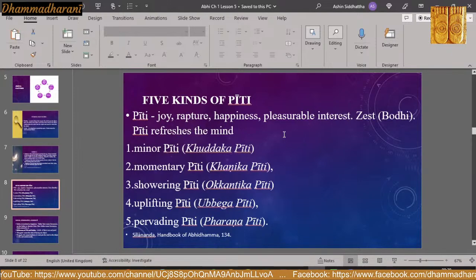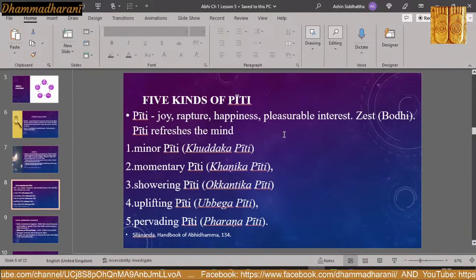Then, when you are doing wholesome actions, happiness arises again and again, time to time. That we call khanika piti. Khanika means moment, not one moment, moment to moment. It's like lightning. In the rainy days, we can see lightning moment to moment. Similarly, you feel such experience of the piti, like lightning, time to time.